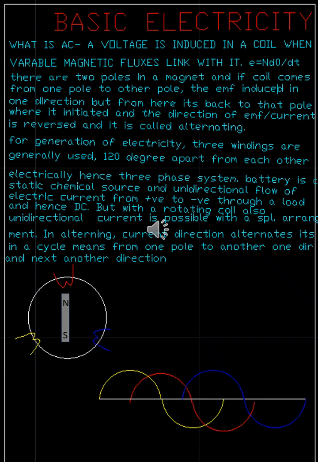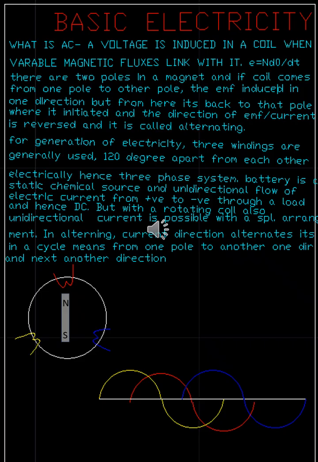And in a three-phase system, we are using three windings 120 degrees electrically apart from each other, and the magnet is rotating in the alternator. So each coil is facing the influence of north and south pole from time to time. In one rotation, the full cycle is 360 degrees.